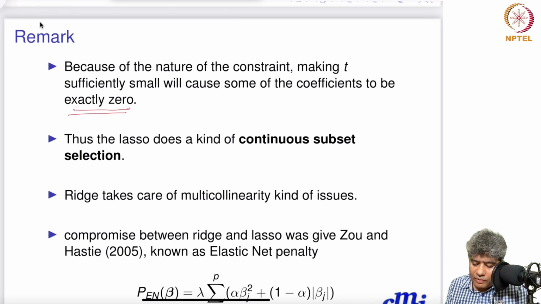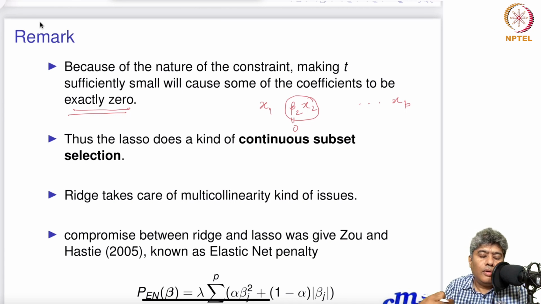So if I have x1, x2, ... xp, and now suppose the beta 2 turns out to be exactly 0, that means in my model x2 does not have an effect. So effectively beta 2 equal to 0 means that you are dropping that; the lasso solution is dropping that predictor from the model.